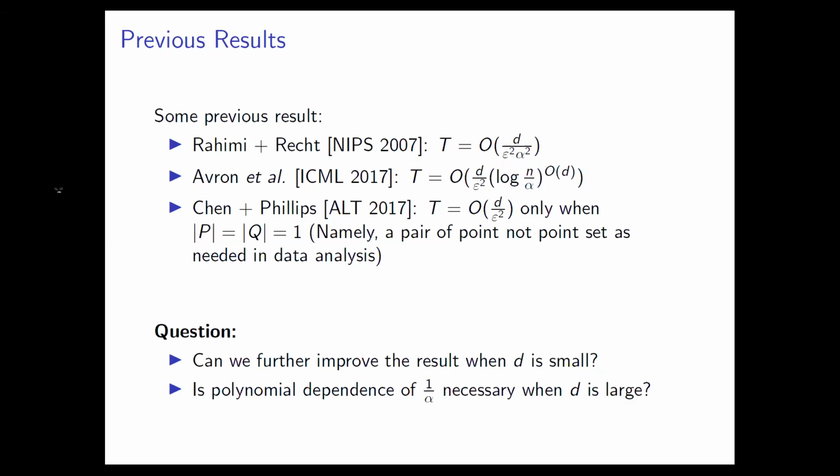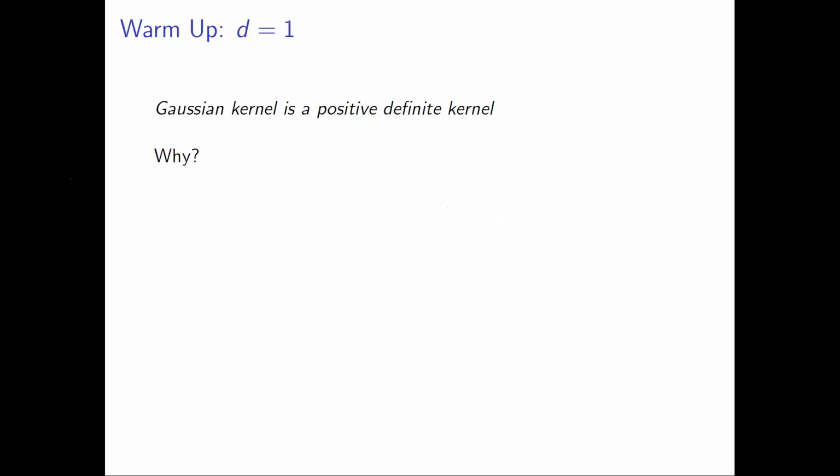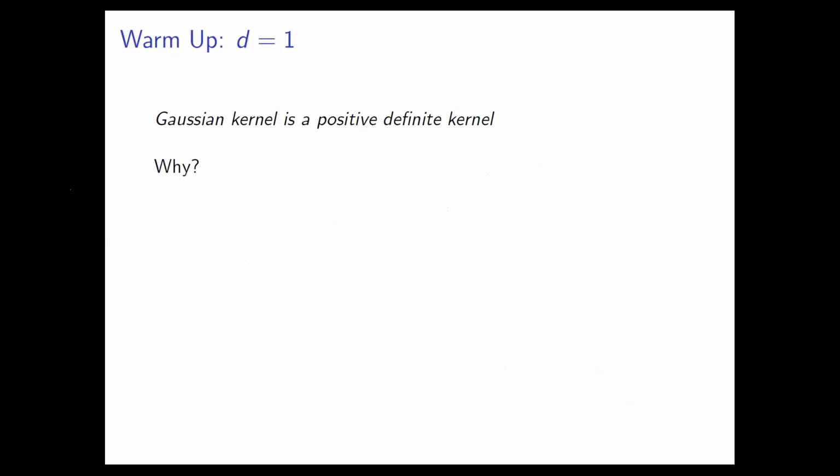Now, we can ask, can we further improve the result when d is small? Also, is the polynomial dependence of 1 over alpha necessary when d is large? So let's first consider a simple case when d is 1.